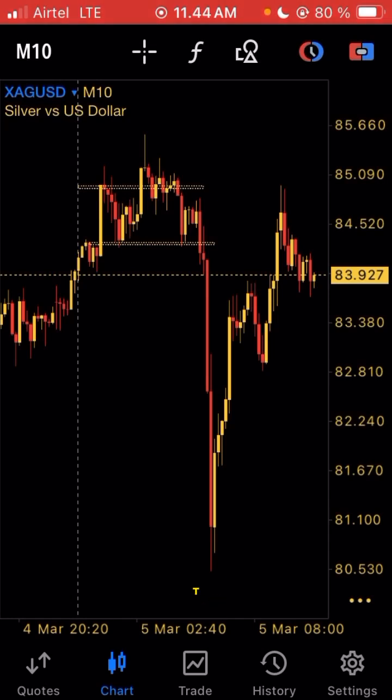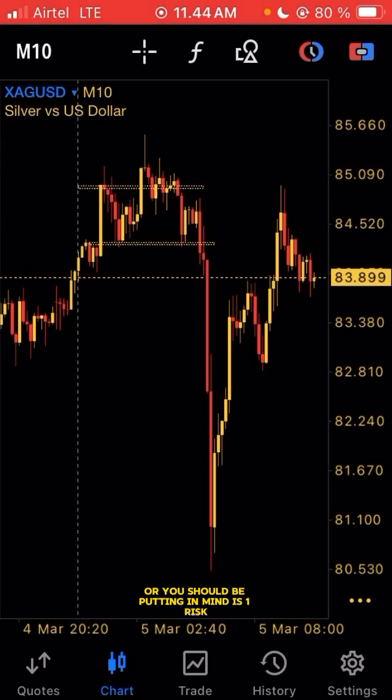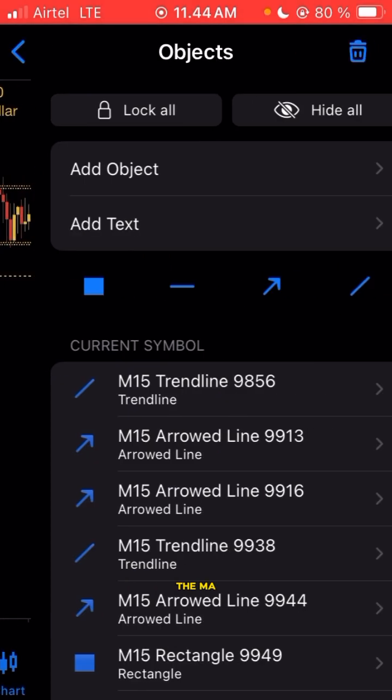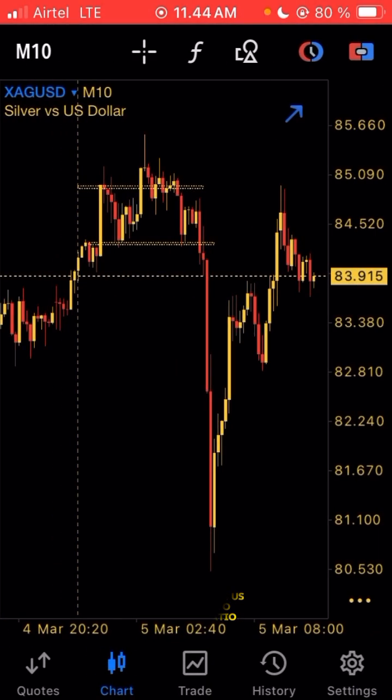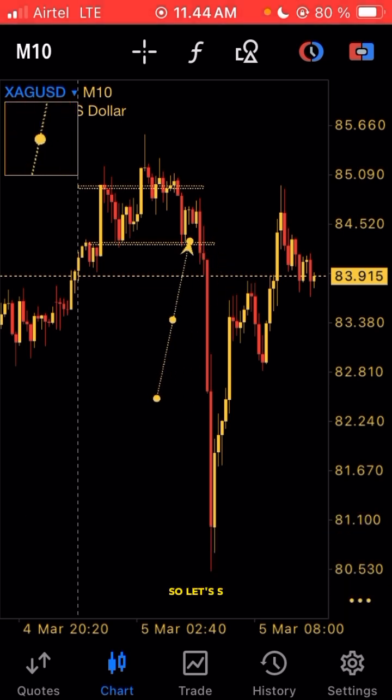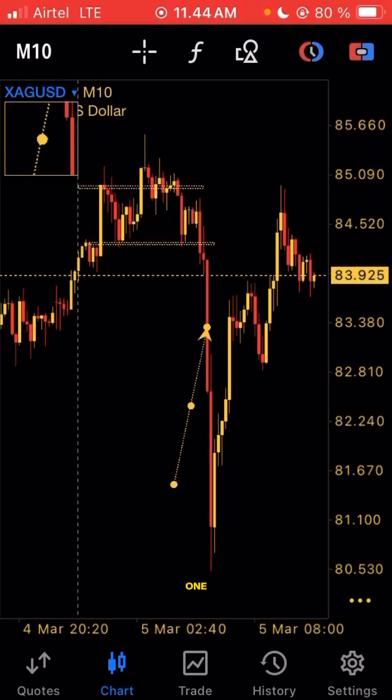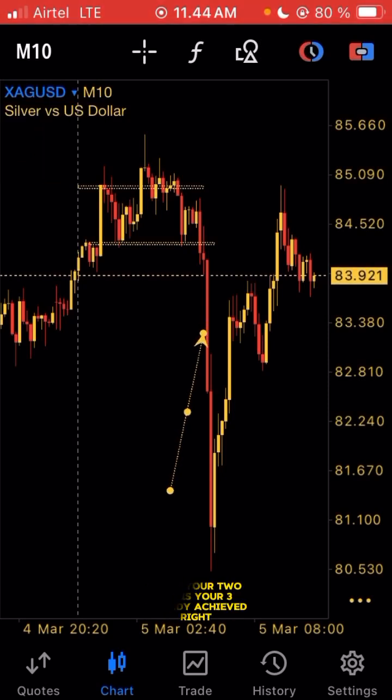The highest risk to reward ratio you should be trying to achieve, or you should be putting in mind, is 1:3. So in this case, the market actually gave us that risk to reward ratio. So let's say you took your entry here, you put your stop loss right above this level, and you put your TP down there. 1:2, 1:3 already achieved, right?